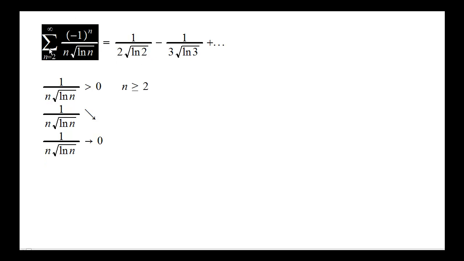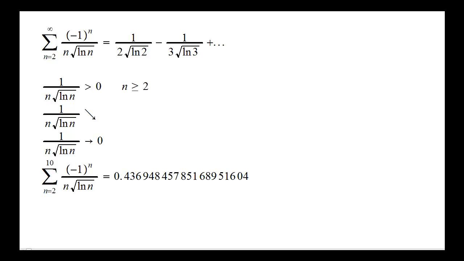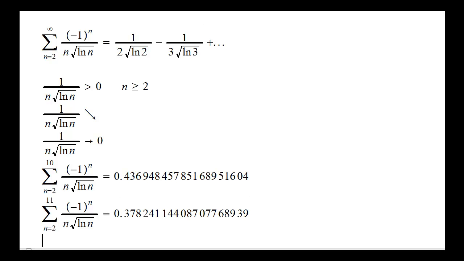Now a question is how to find an approximate value of the limit that it converges to. Let's add the first 10 terms, we get this value, then 11 terms will give us this value here.